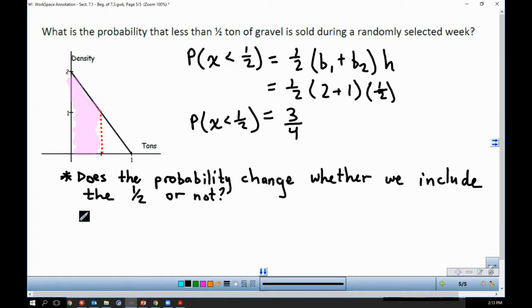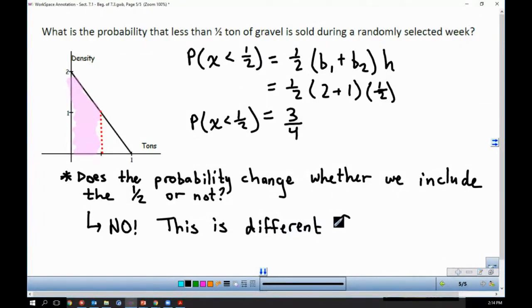So I'm going to pretty much write the answer to this question down here. No, this is different. Because if we were doing discrete, we would have said, yes, it changes.